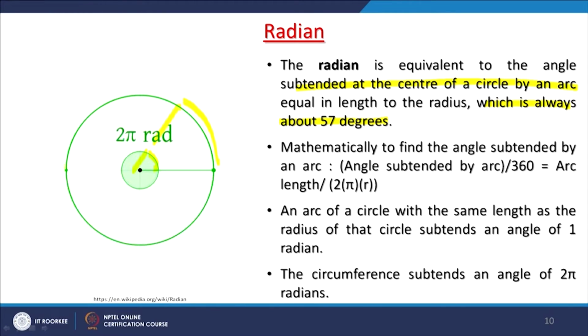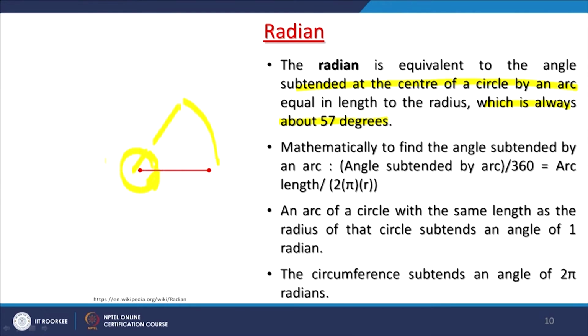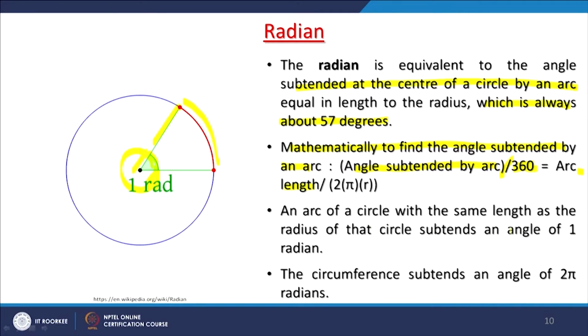Now, this one becomes 2 pi, and for the whole circle, that means the half becomes pi and the whole one becomes 2 pi. So, mathematically, to find the angle subtended by an arc, the angle subtended by arc divided by 360 is arc length divided by 2 pi r, and an arc of a circle with the same length as the radius of the circle subtends an angle of 1 radian, as you are seeing currently here, and the circumference subtends an angle of 2 pi radians.